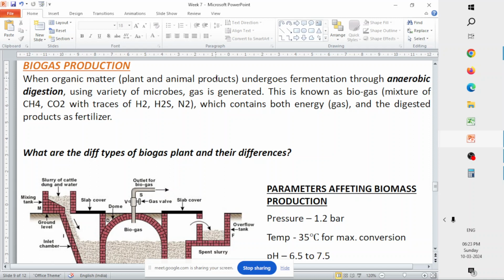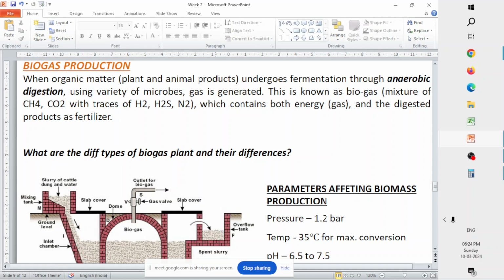Whereas in a continuous type of biogas plant, the supply of the feed, that is the slurry, to the digester will be continuous. Your slurry will keep coming in, the digestion process will keep running, and once the gas is produced, it will be taken out.